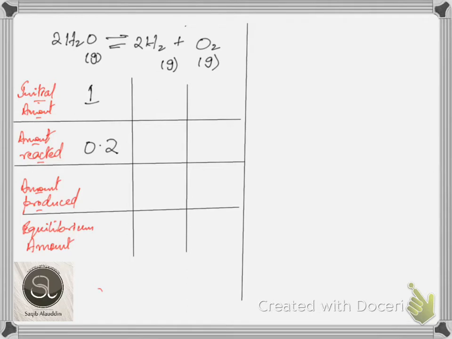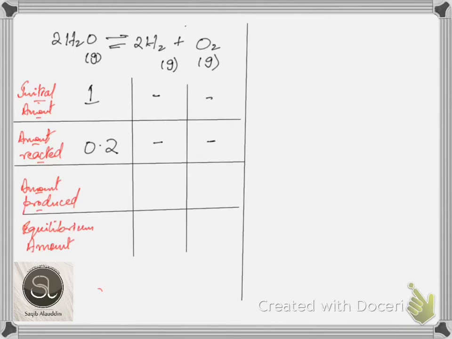So 0.2 is the amount of H2O that reacted. In the initial amounts of H2 and O2, I'll put a dash, because there wasn't any initial amount of H2 or O2. Also in amount reacted I'm putting a dash because initially they do not react.